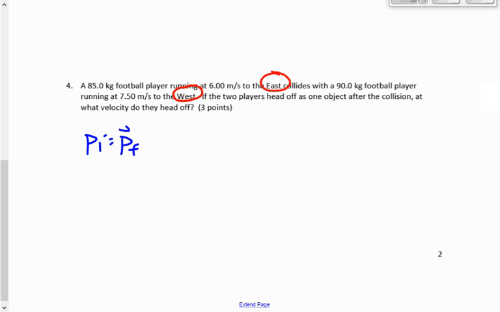It means fewer terms. We have 2 objects before, 2 terms: m1v1i plus m2v2i. We have 1 object after because the football players are embracing and heading off as one.